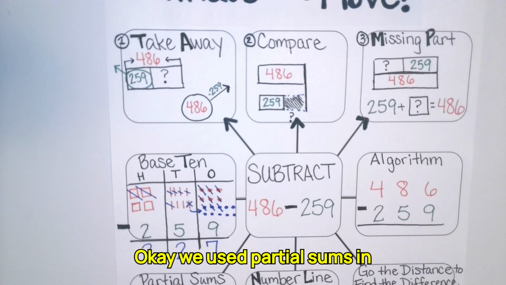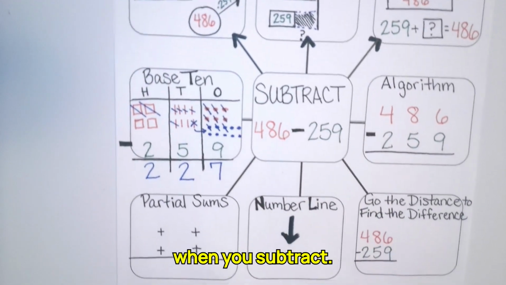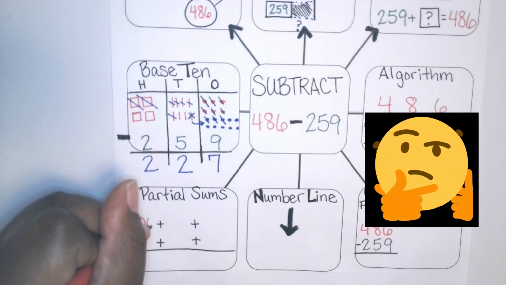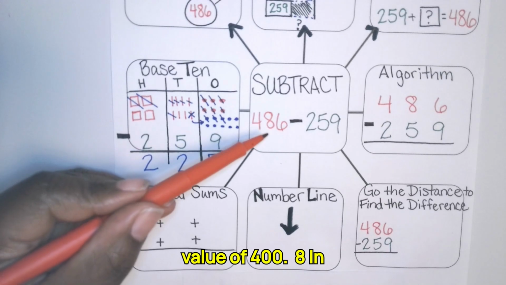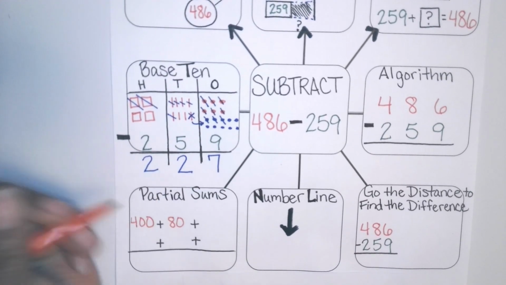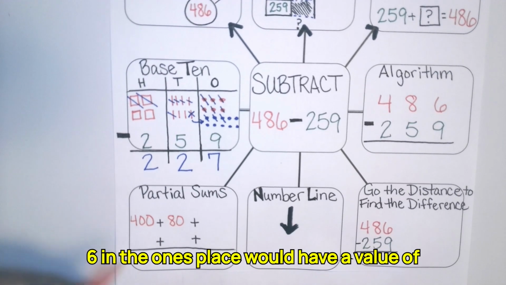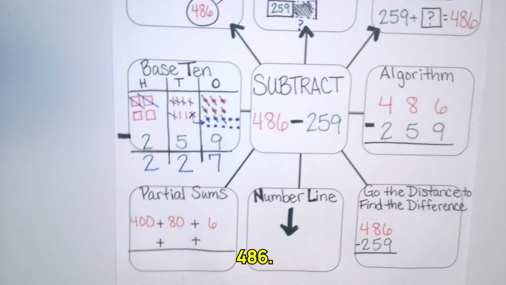Okay, we used partial sums in addition, but you can also use them when you subtract. 4 in the hundreds place would have a value of 400. 8 in the tens place would have a value of 80. 6 in the ones place would have a value of 6. So there's my 486.